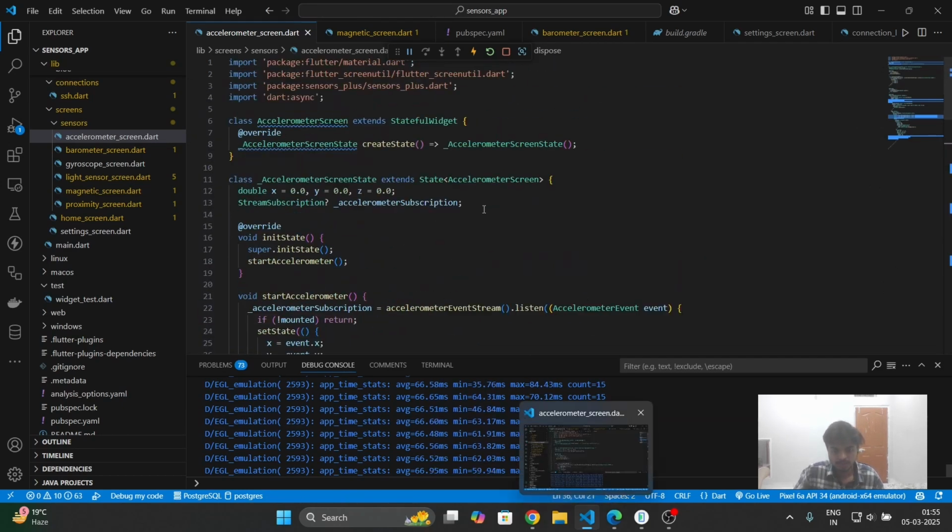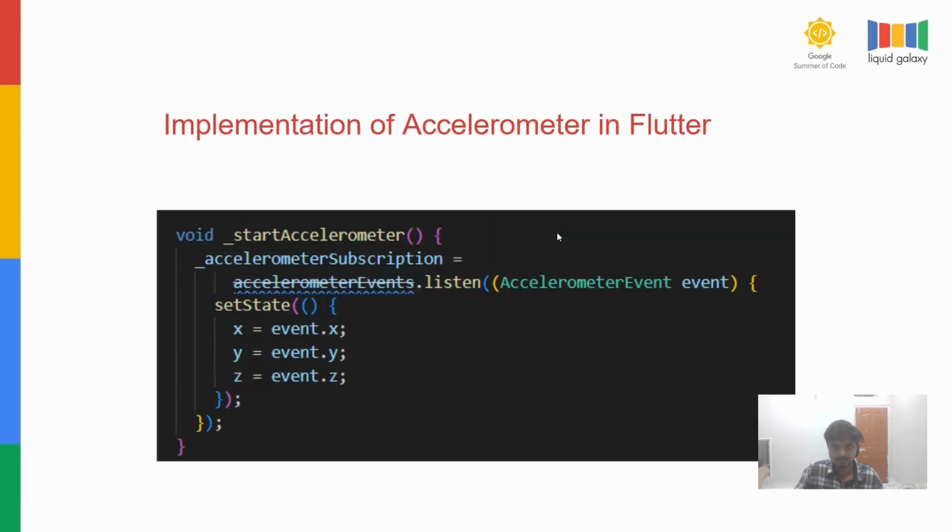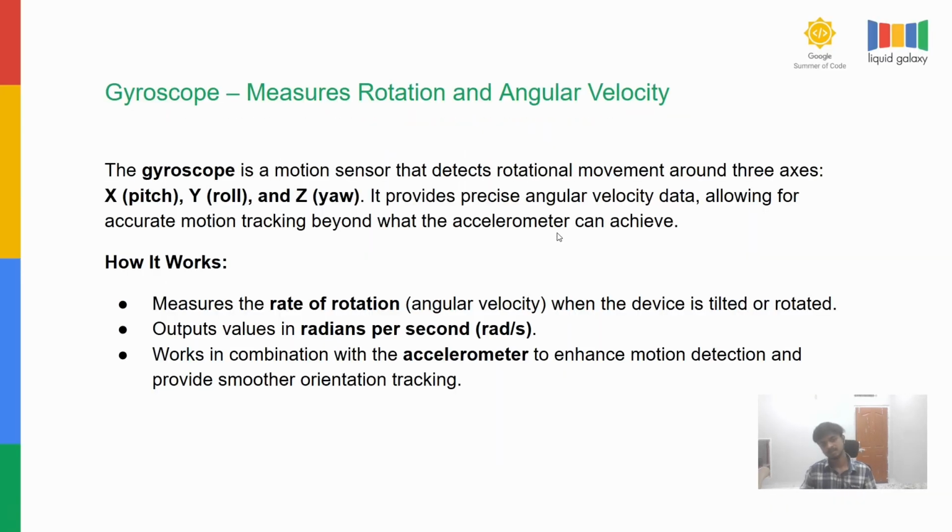So yeah, let's now quickly move to our next sensor. Our next sensor is a gyroscopic sensor. So what is a gyroscope? Gyroscope is a sensor that measures rotational and angular velocity. The gyroscope is a motion sensor that detects rotational movement around three axes, x, y, and z: pitch, roll, and yaw.